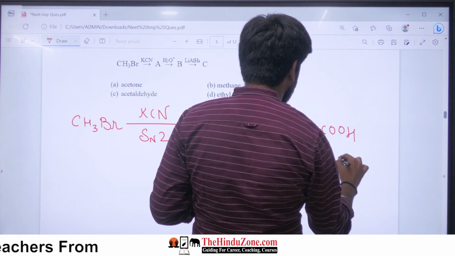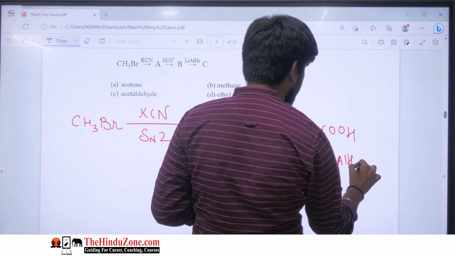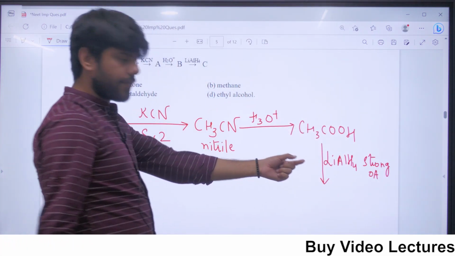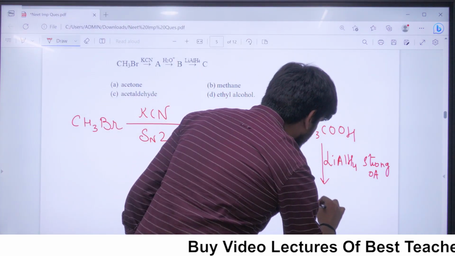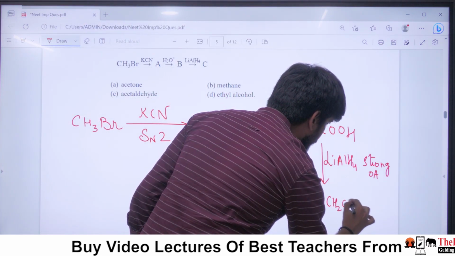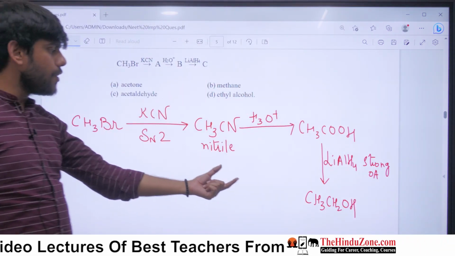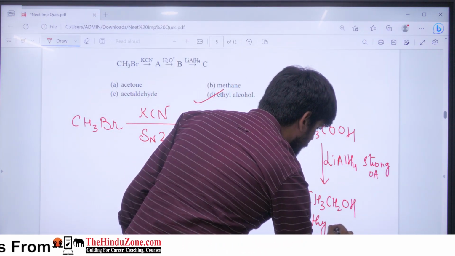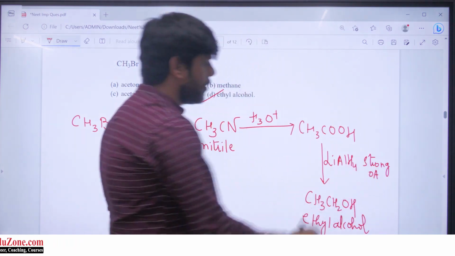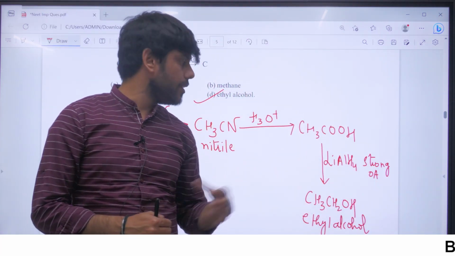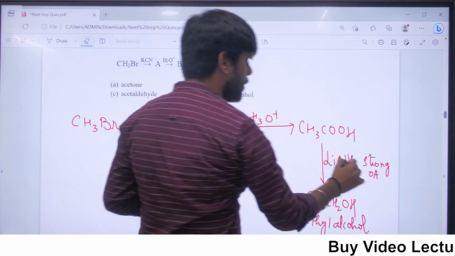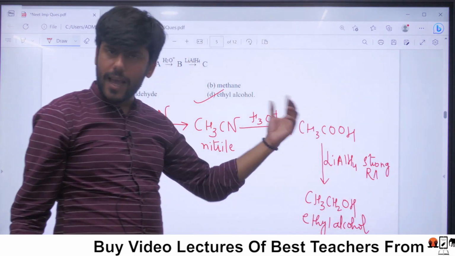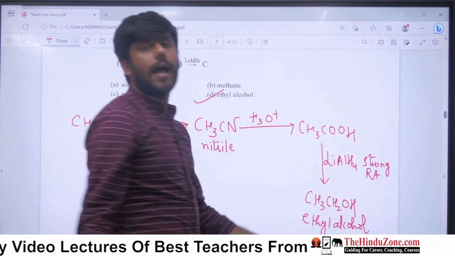And acetic acid, in the last step, is reacting with lithium aluminium hydride. And I get CH3CH2OH as the product. So this C is your ethyl alcohol. You know that lithium aluminium hydride is a strong reducing agent, and it can reduce acids and esters both to the alcohol.